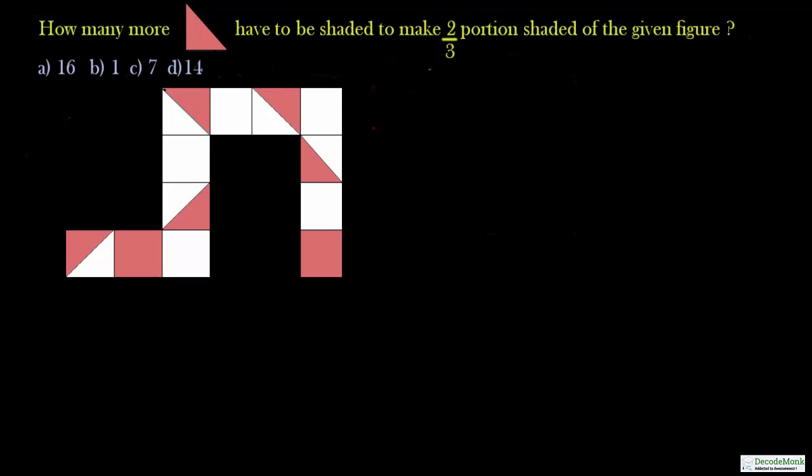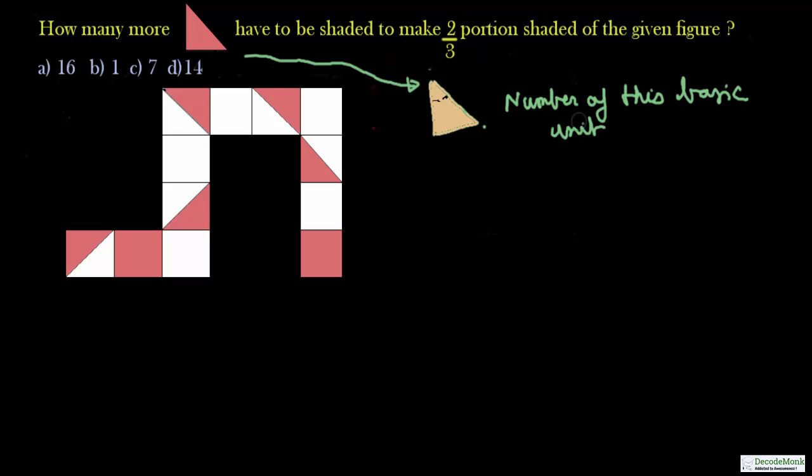So from the last question we have seen that in this figure, the number of this basic unit is equal to 24. If you have not done that last question, you may revisit it to make sense of this statement.